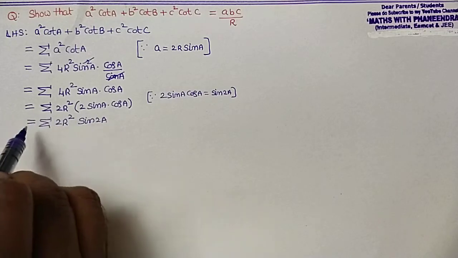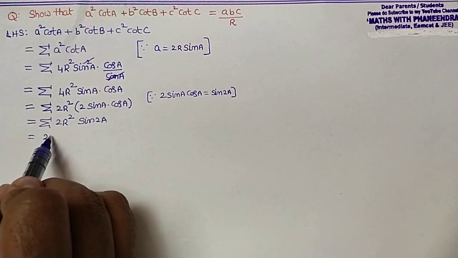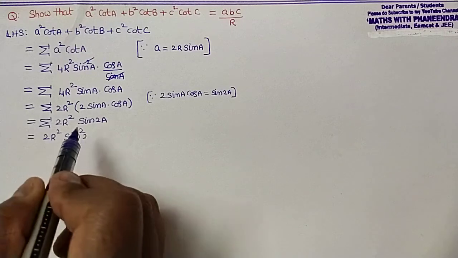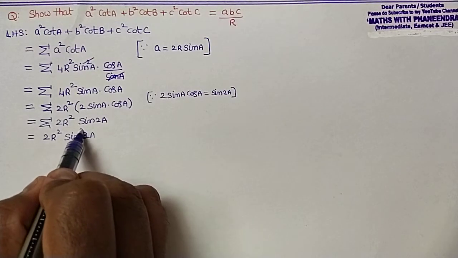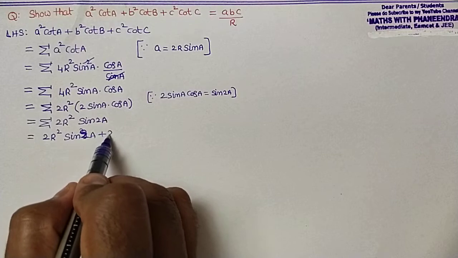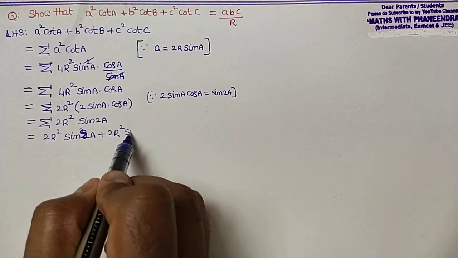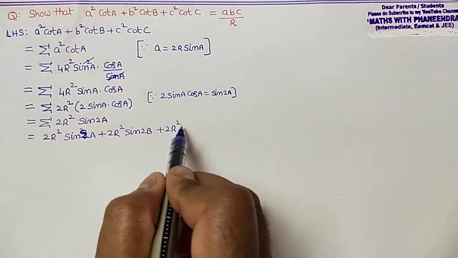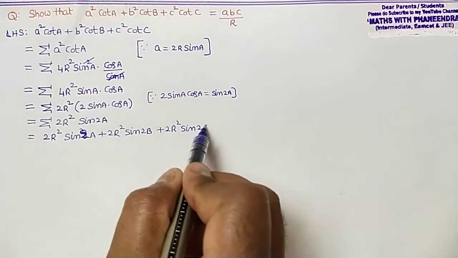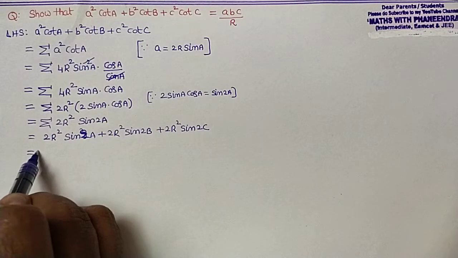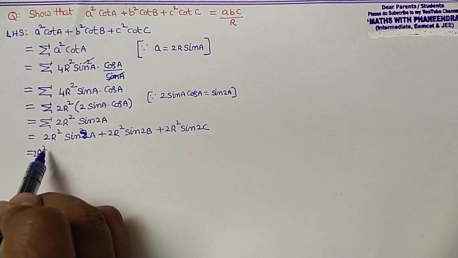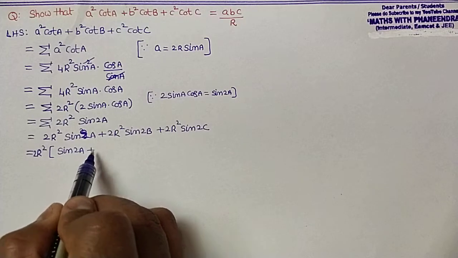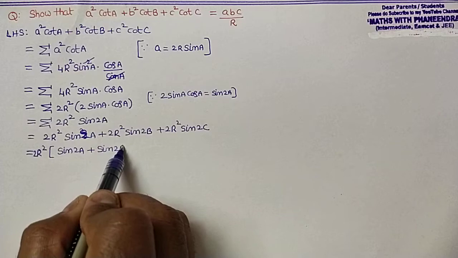If you remove that sigma, we will get 2R square sin 2A plus 2R square sin 2B plus 2R square sin 2C. Take 2R square common throughout the terms. The remaining is sin 2A plus sin 2B plus sin 2C.